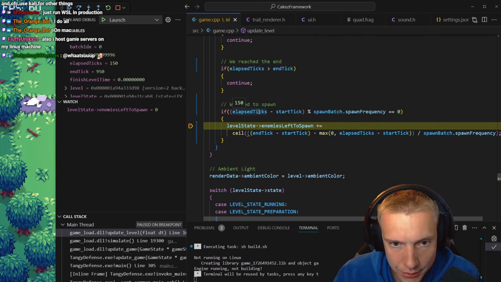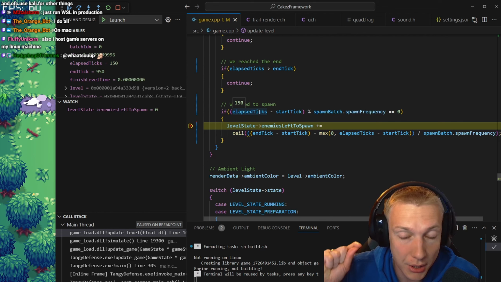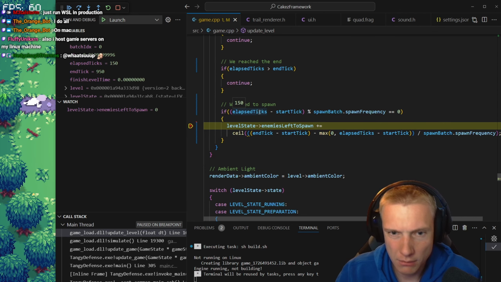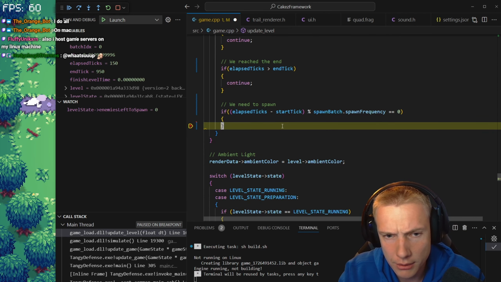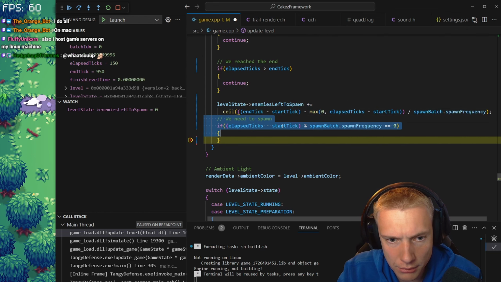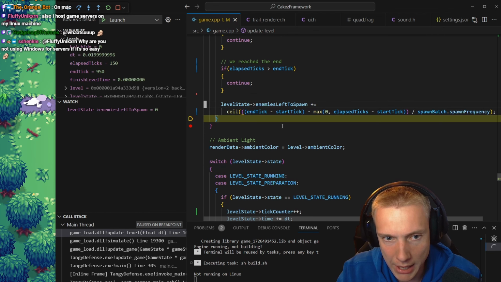We have 150 elapsed ticks, so 3 enemies spawned already. What are you doing? Are you stupid? We don't need to do anything here. First and foremost, this is number 1. That's bad.